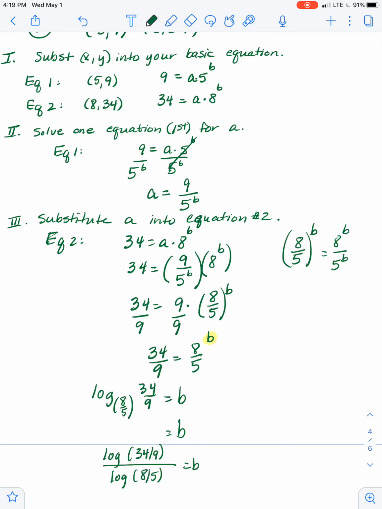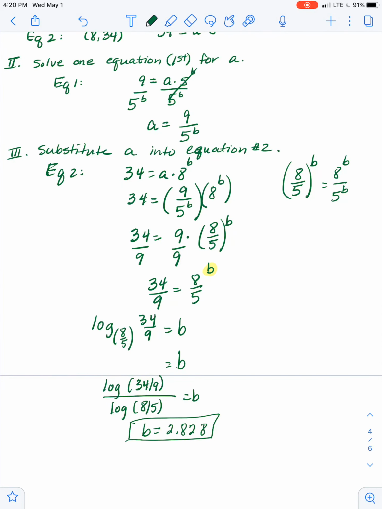I get the log of 34 divided by 9, close my parentheses, divided by the log of 8 divided by 5, close my parentheses. You can do it all in one step if you want, just be sure you close up those parentheses. And I get b to be, to the nearest thousandth, 2.828. Run that yourself to see if you agree with me. So there's my b value.